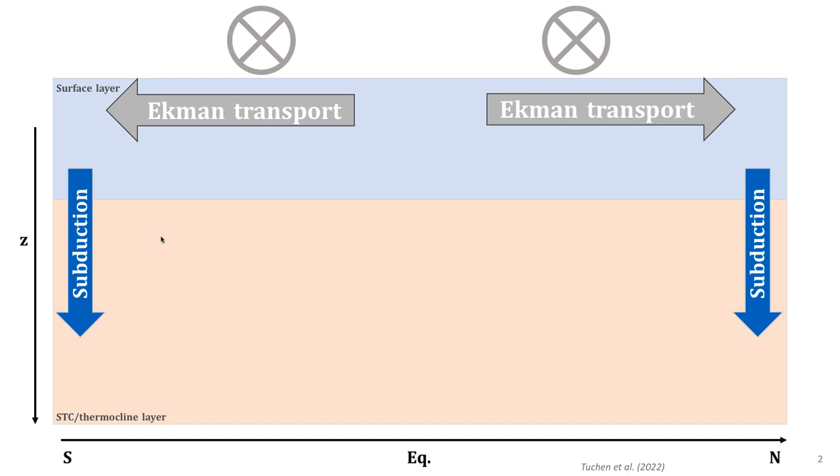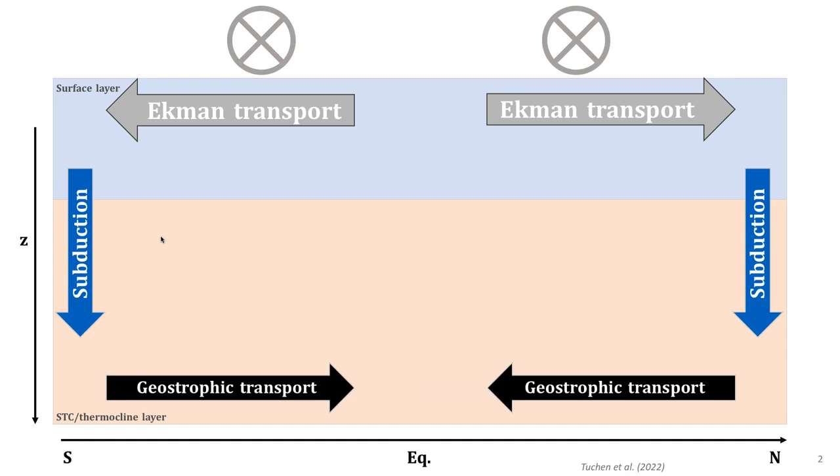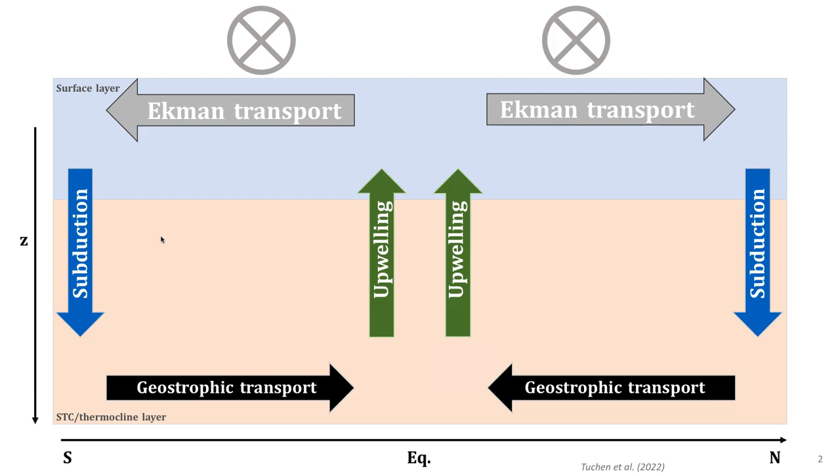Then in the subtropics, we have the subduction of water masses, basically in the subtropical gyres, and these water masses are then brought back to the equatorial regions by geostrophic transport at thermocline level, and eventually the cells are closed by equatorial, but also by eastern boundary upwelling. And this is basically all four different branches of the subtropical cells for both hemispheres now.